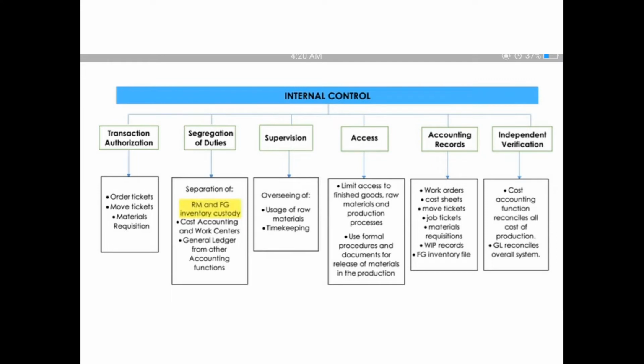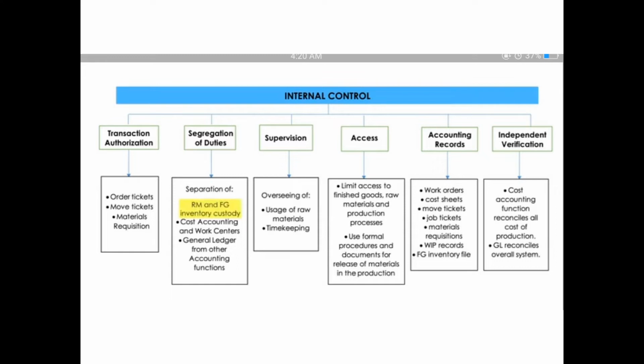The third type is supervision. Supervision is the usage of raw materials. The supervisors in the work centers oversee the usage of raw materials in the production process. This helps to ensure that all materials released from the stores are used in production and that waste is minimized.